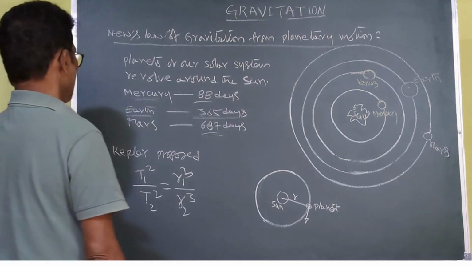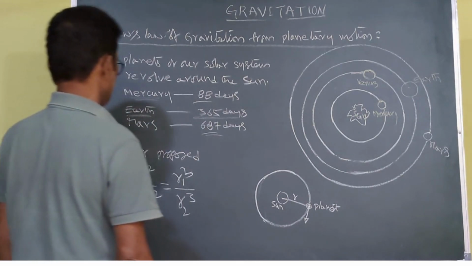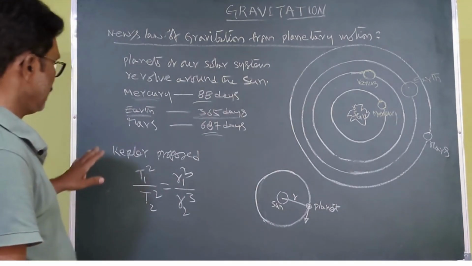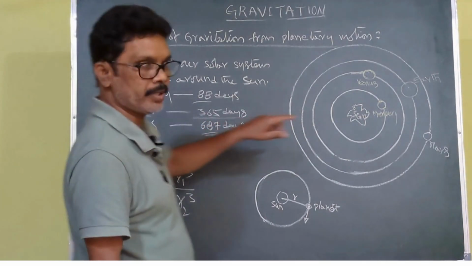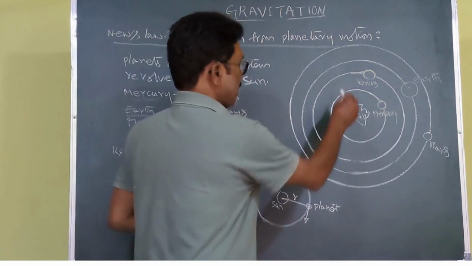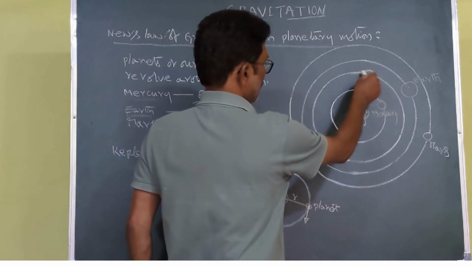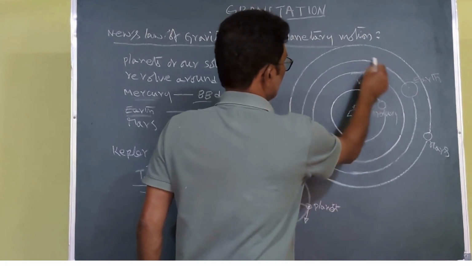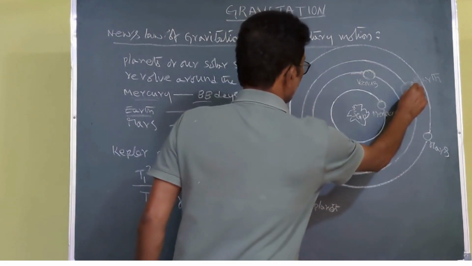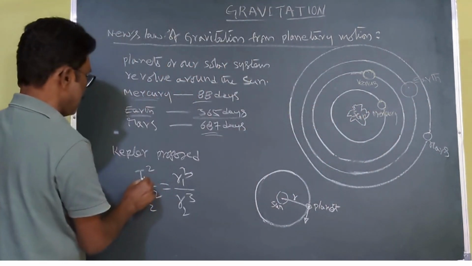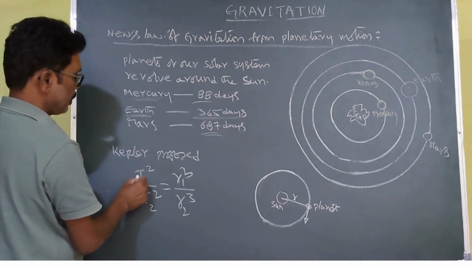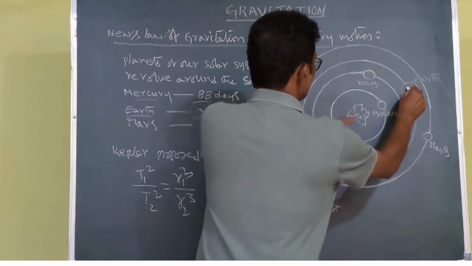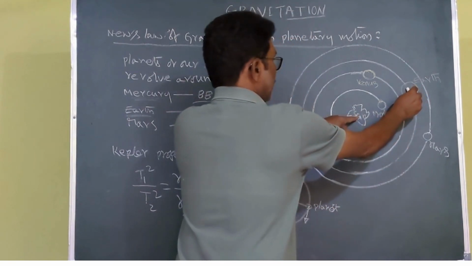So here Kepler proposed a relation between the time to complete one revolution of any planet on its circular path. Take Earth: the time to complete one revolution is called T, and obviously from here to here is the radius.